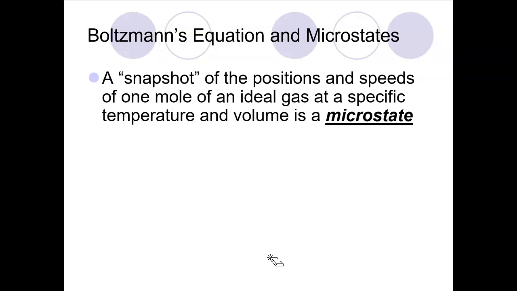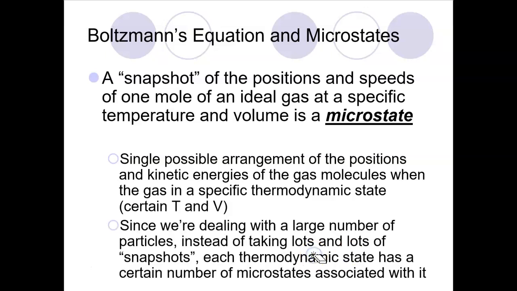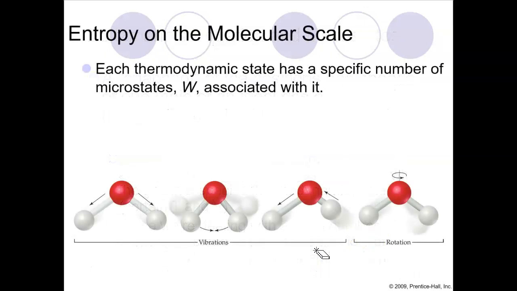Each one of those pictures is called a microstate. It is one arrangement of the molecules in a sample. I think of microstates as pictures. Microstates have the symbol capital letter W.